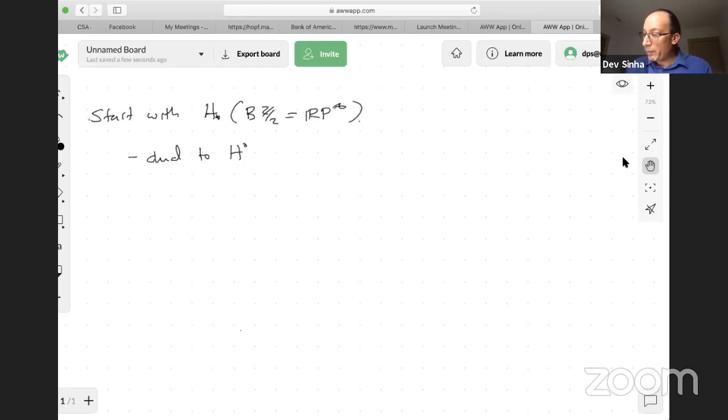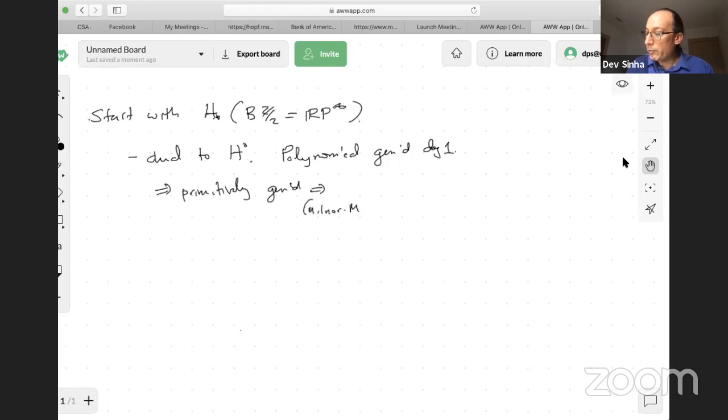And so this is also a Hopf algebra, and that's polynomial, generated in degree 1, and thus primitively generated. And so that implies by results of Milnor-Moore, if not older, that the homology is divided powers.